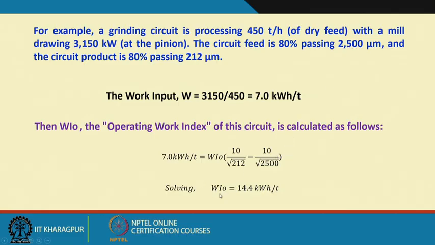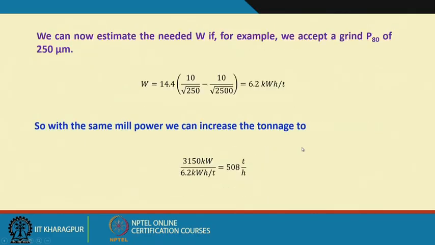So, solving we are getting WIO is equal to 14.4 kilowatt hour per ton. That is the operating work index for that material, which is being crushed or ground from 2500 micrometer to 212 micrometer size or 80% passing size.